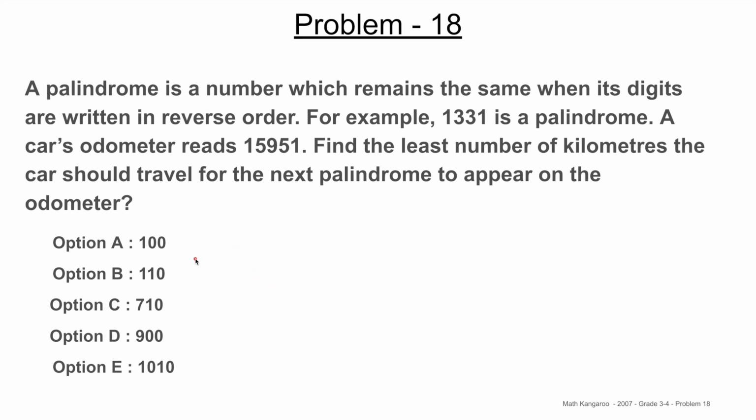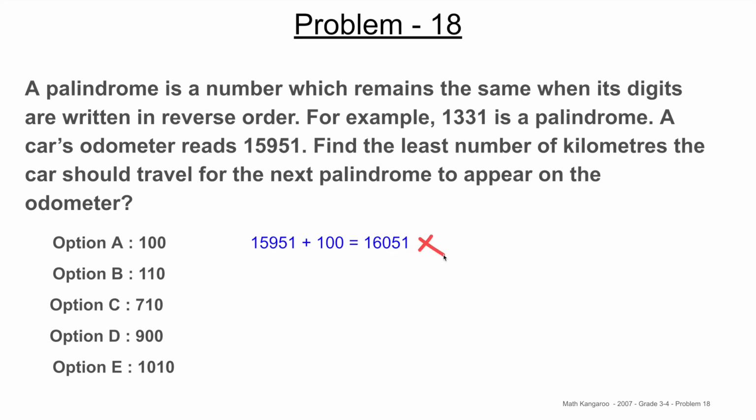These are our options. Option A. Now if this is the answer, then if we add this number to our odometer reading 15951, we will get the next palindrome number. So if option A is correct, we do 15951 plus 100, which gives us 16051.